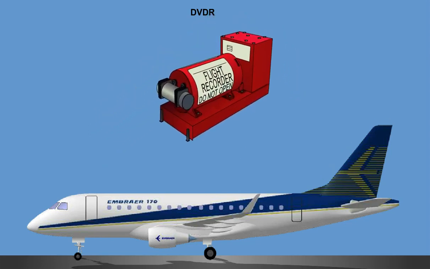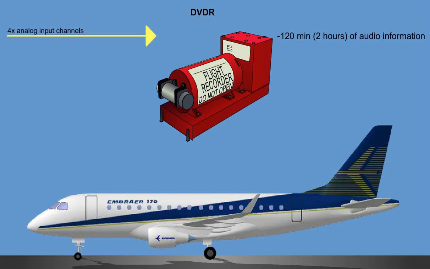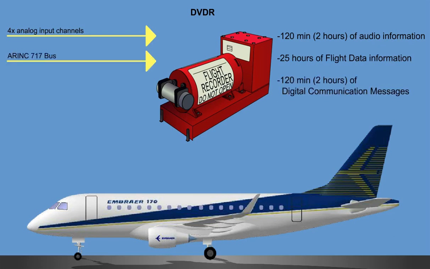The Digital Voice Data Recorder unit is capable of recording the most recent 120 minutes of audio information from 4 analog input channels, 25 hours of flight data information received via an ARINC 717 bus, 120 minutes of digital communication messages, and Greenwich Mean Time, GMT, from an ARINC 429 source.